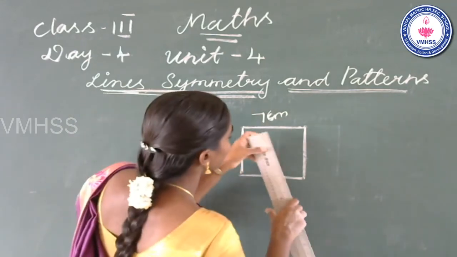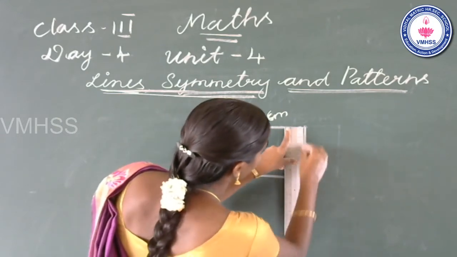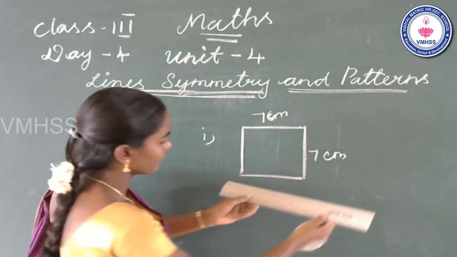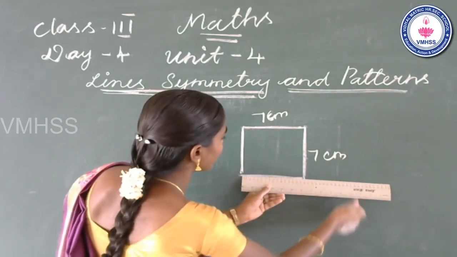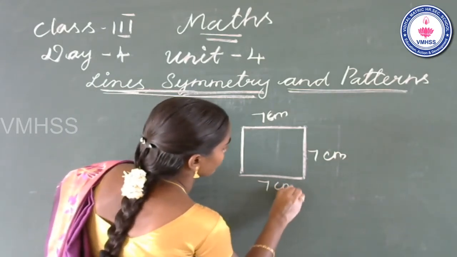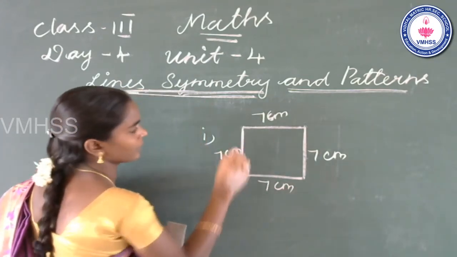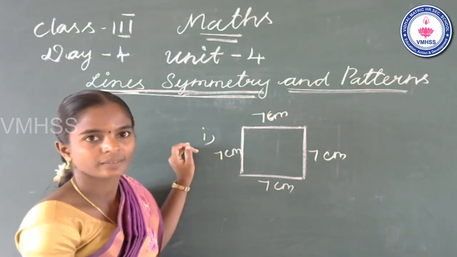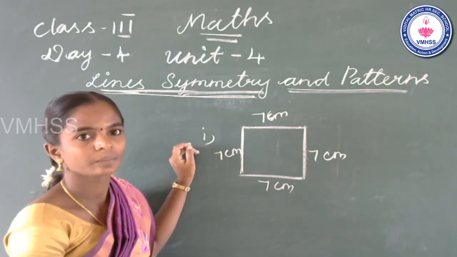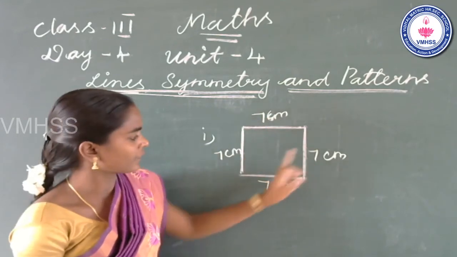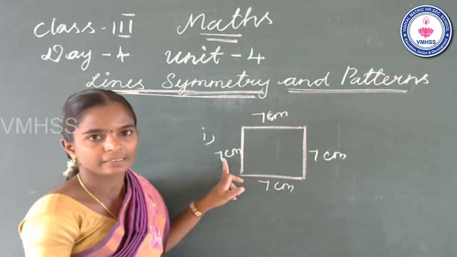Next we measure the vertical side, also 7 centimeter. Next another horizontal side 7 centimeter, next also 7 centimeter. Is it clear? So all four sides are 7 centimeter.